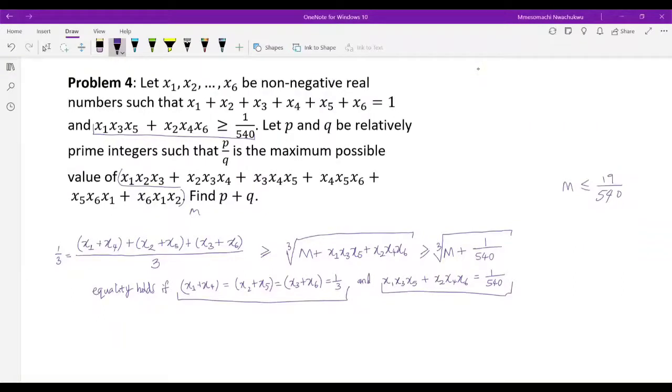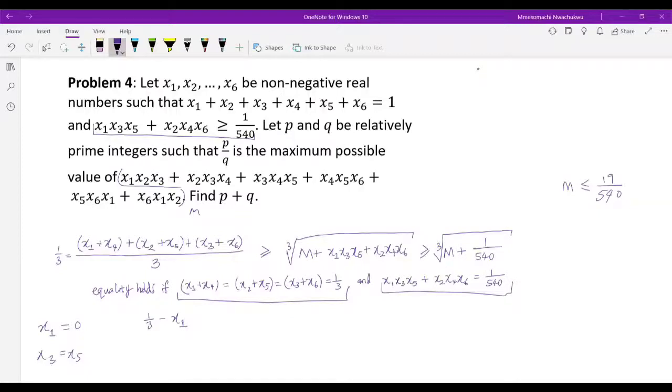So a good way to get this equality is to find a way to solve some equations. For instance, we can maybe fix x1 to be equal to 0, and we can fix x3 to be equal to x5. If x1 is equal to 0, then we can replace x4 with 1 over 3 minus x1.